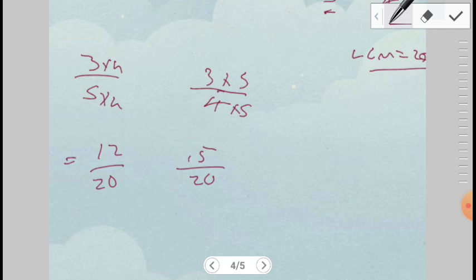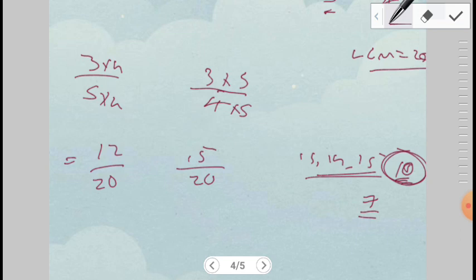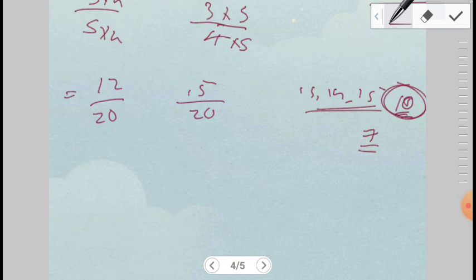Here I can find that the numbers are 13, 14 and 15. Only 3 numbers are there, but we need 10 numbers between them. So how many numbers remain? I need 7 more numbers, because I have 3 numbers and I need 10.